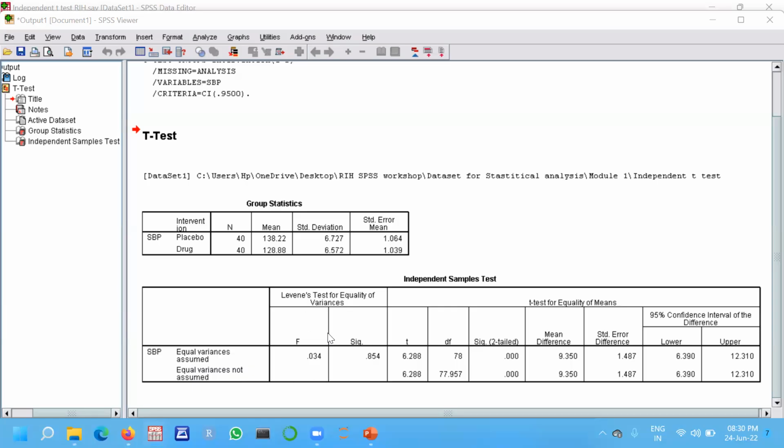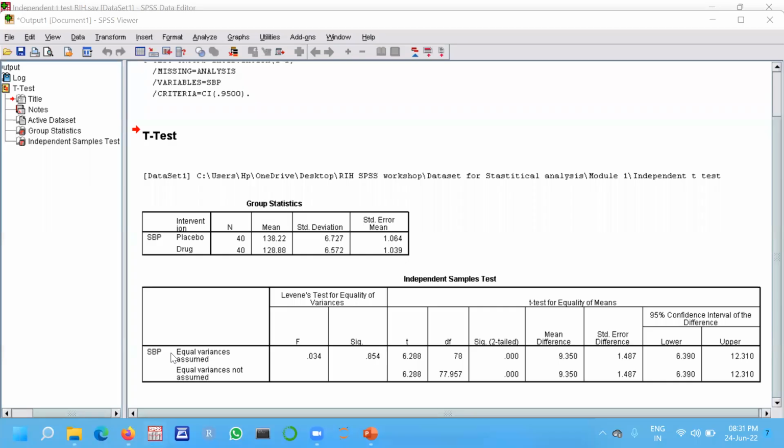Now coming to the t-test. Okay. See here the t is 6.288. And what is the significance? This is 0.000, isn't it? So it is highly significant.